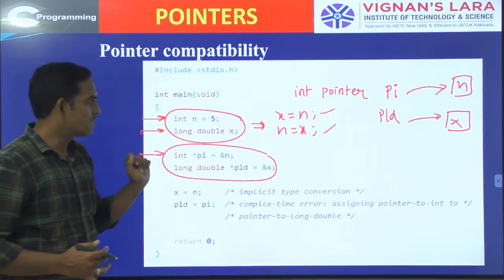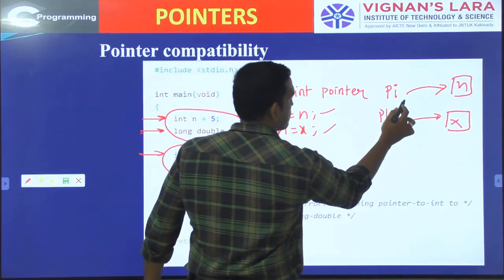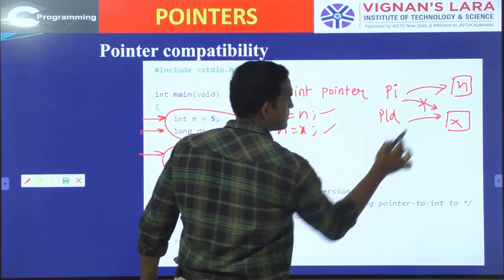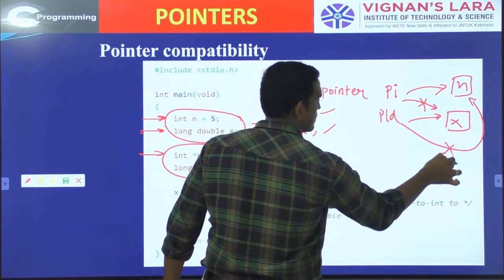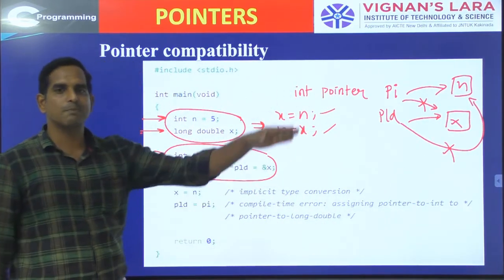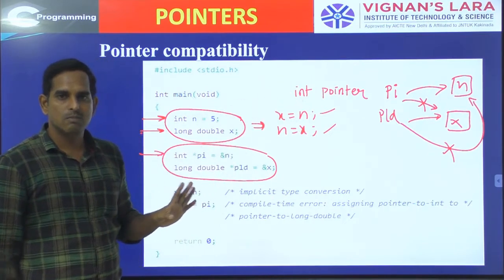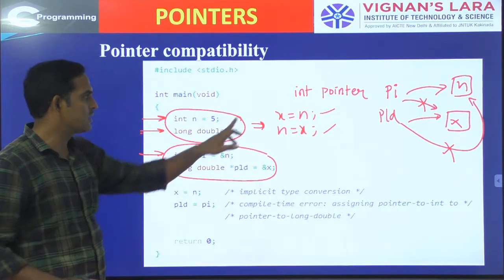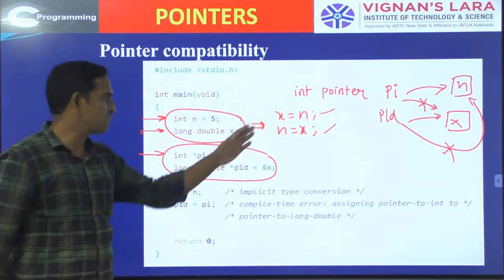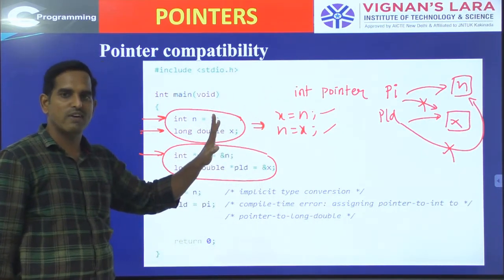You cannot assign pi to a long double pointer, and you cannot assign a long double pointer to pi, the integer pointer. Both are not valid statements. So x is equal to n is a valid statement, and n is equal to x is also a valid statement.